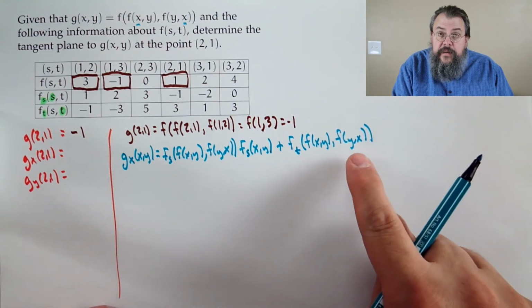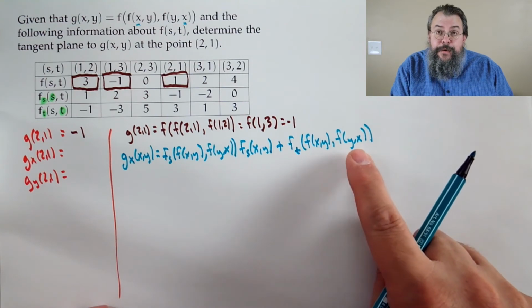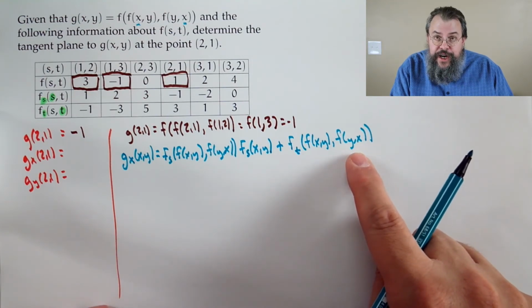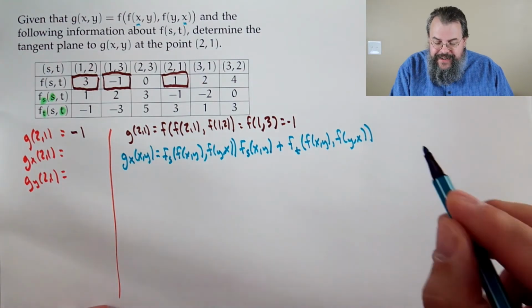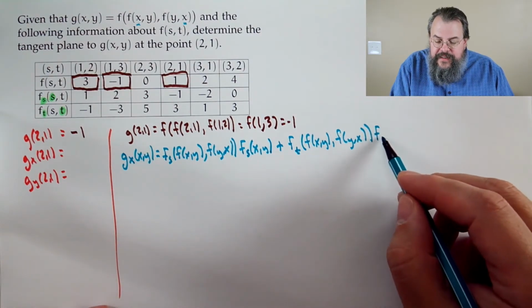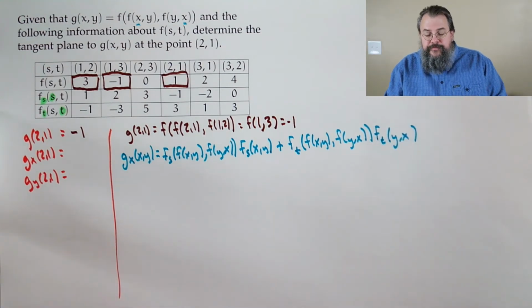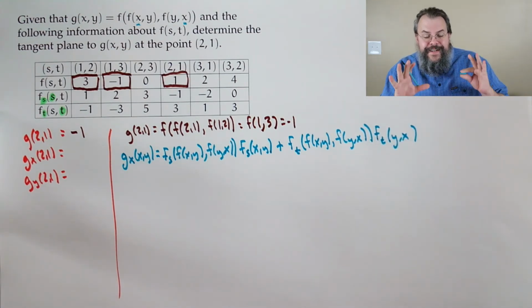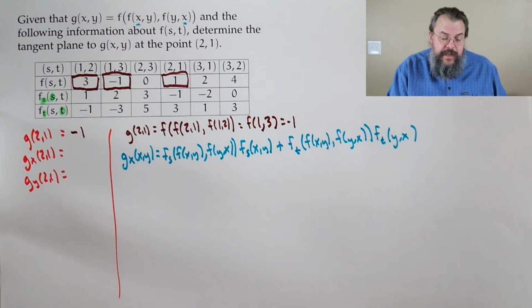But now I'm taking the derivative of the second slot with respect to x. Where does the x show up? It shows up in the second slot. So f sub t of (y, x). Okay, good.